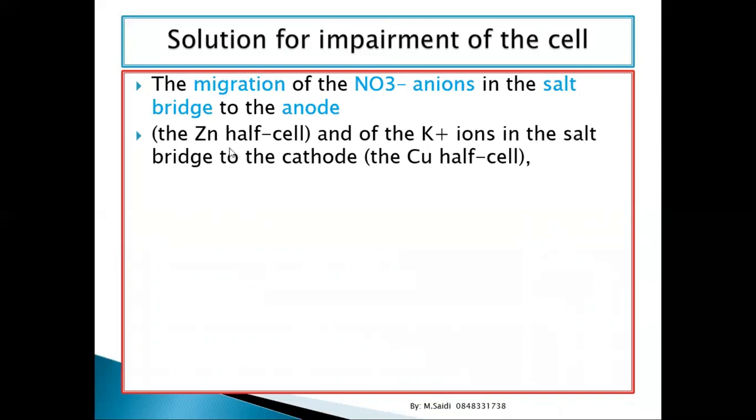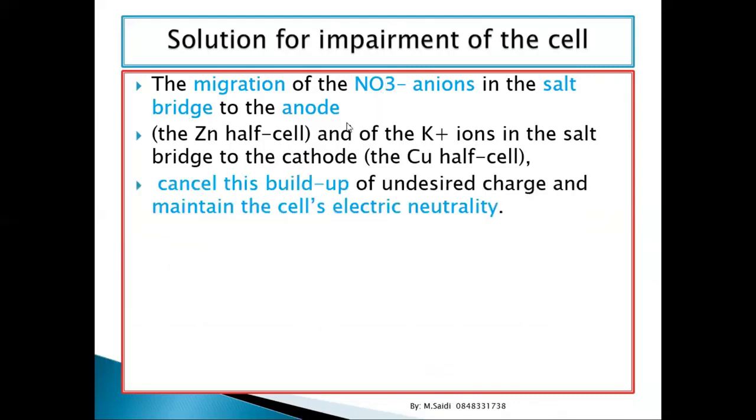The potassium ion goes in the salt bridge to the cathode. So this one will go to the anode, while this one will go to the cathode. Yes, it is potassium nitrate in the salt bridge. So the positive will go to the copper, and then the negative will go to the zinc. Let's go back here and we see.